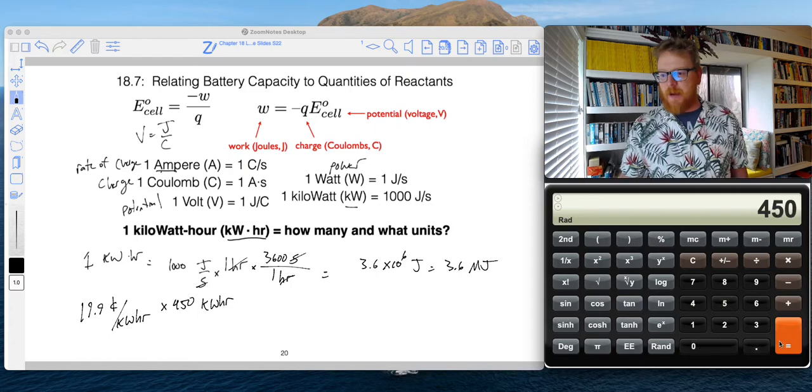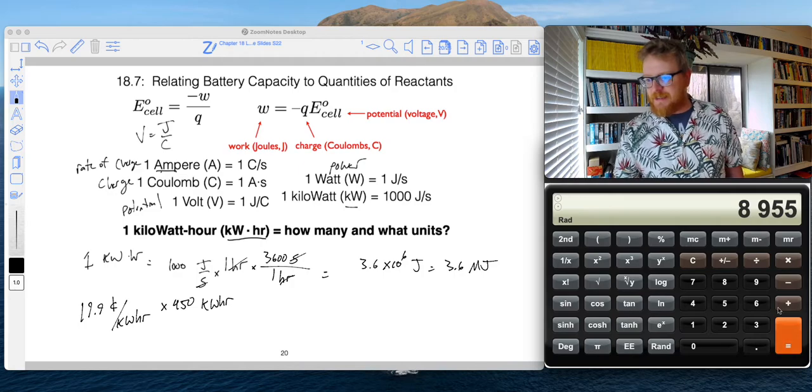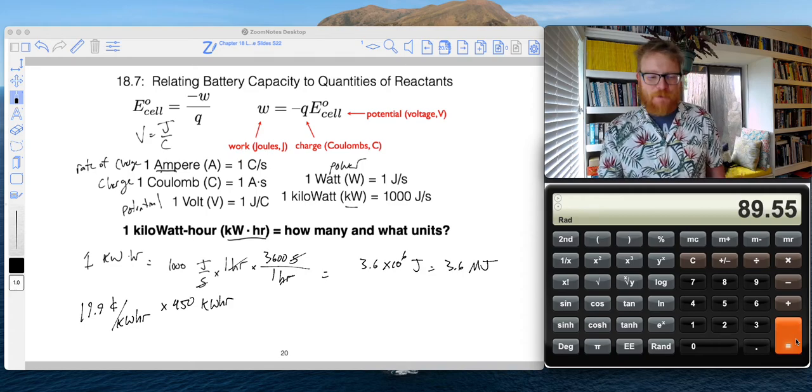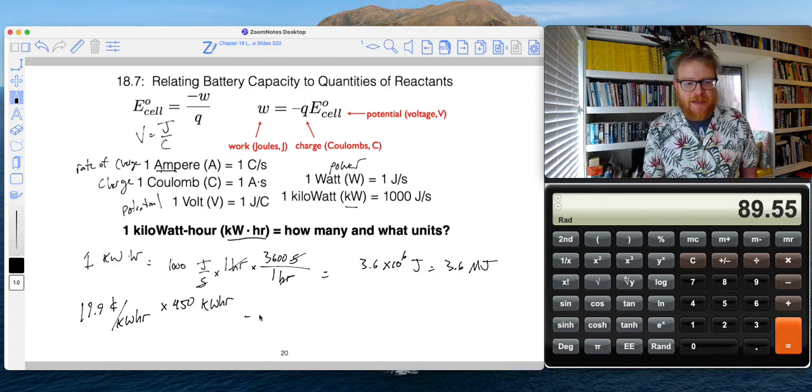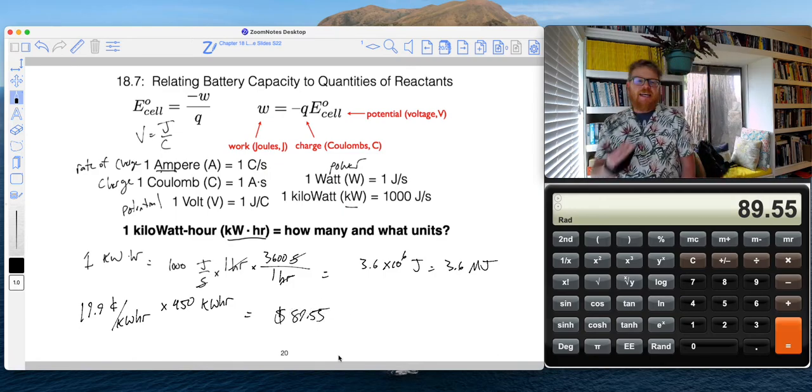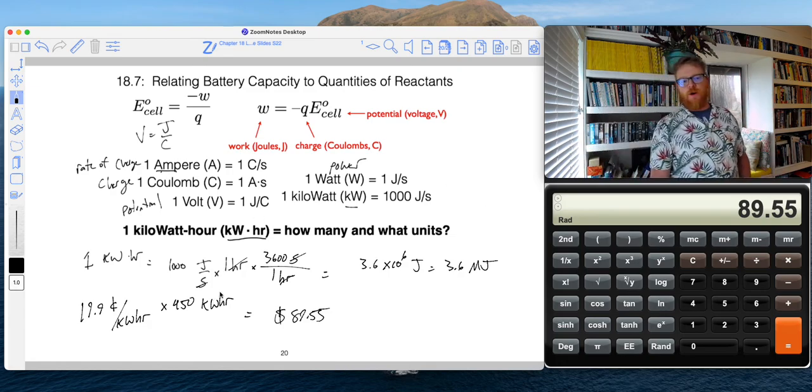And if I multiply that by 450, oh, and that's 19 cents, so of course I've got to divide it by 100, because I don't spend $9,000 a month. So there we go. That is roughly $89, 90 bucks a month for 450 kilowatt hours. So that's a good average for us.